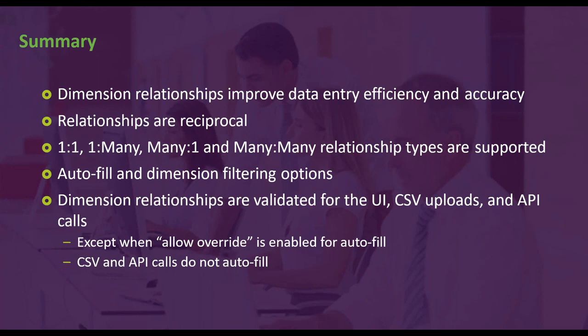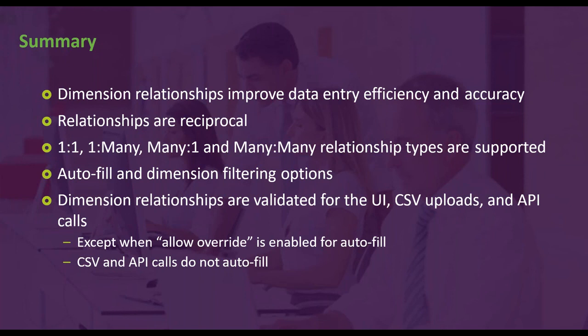We have four dimension types: one-to-one, which only allows one relation between one dimension and the other; one-to-many or many-to-one; and finally many-to-many, where you have combinations throughout your database that you want to have your dimensions drive off of. You can set it to autofill to speed data entry, and you can also tell it to put in a filtered list of some select choices for your dimension relationship rather than the full database list, as well as the ability to override those selections should you give the user that type of permission.